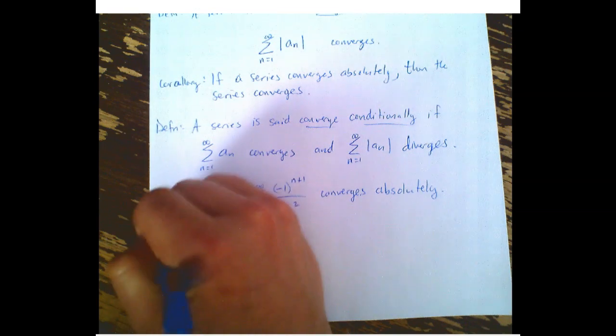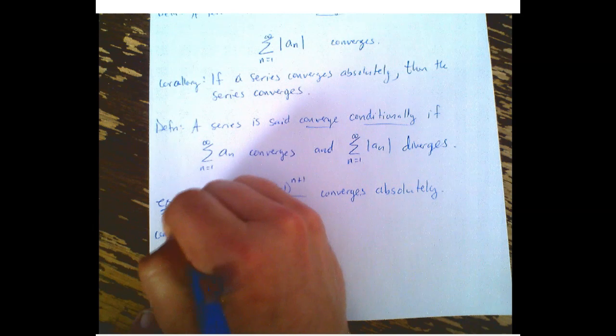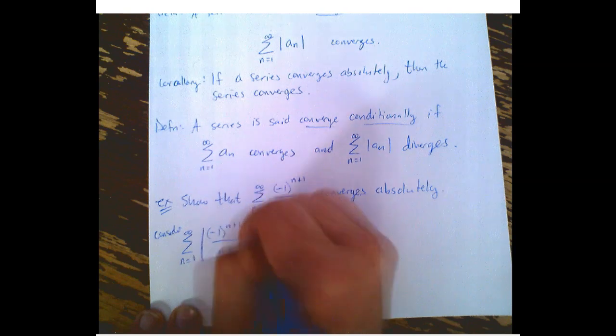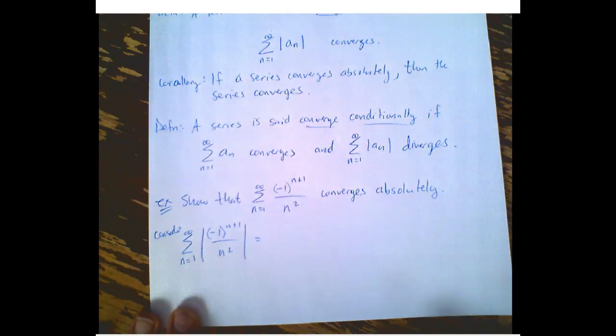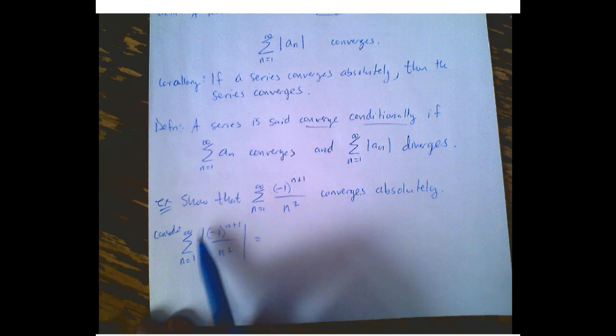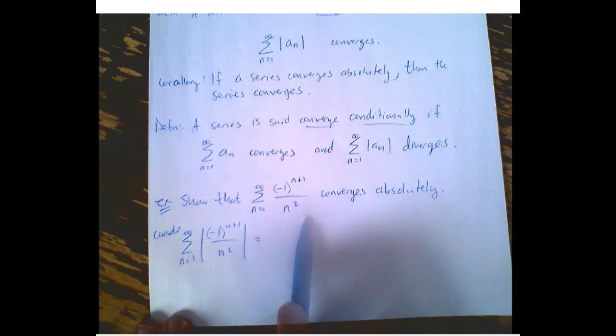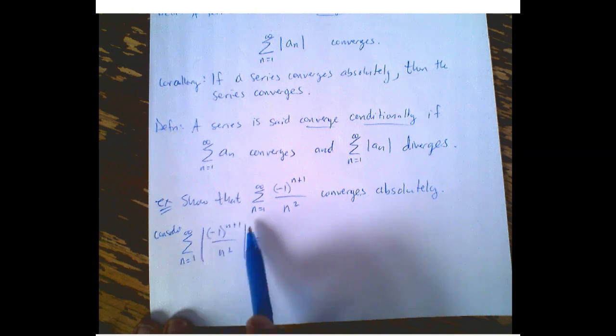So we consider this series here. We're just going to take the absolute value of all of these terms. What happens when we take the absolute value? The alternation goes away, so everything becomes positive.